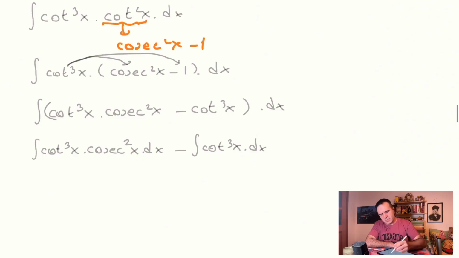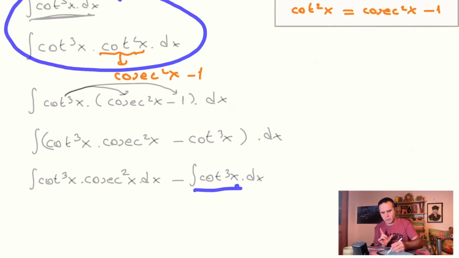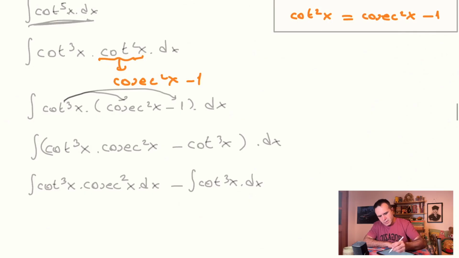And here, for the integral of cotangent cube x, we will use the exact same method that we used here for the cotangent to the power of 5x. Here we split cotangent to the power of 5x as cotangent cube x times cotangent square of x dx.